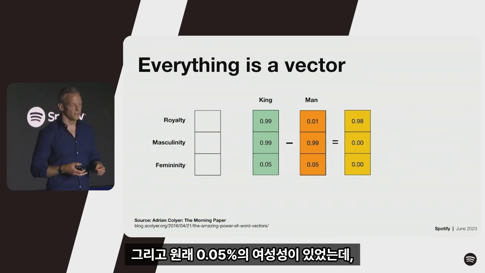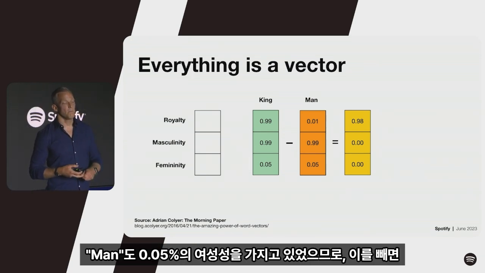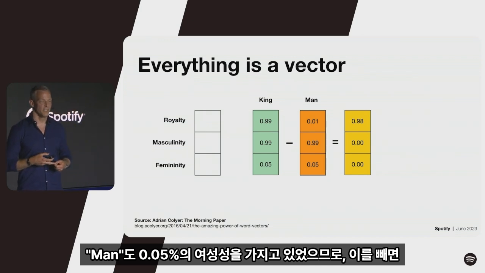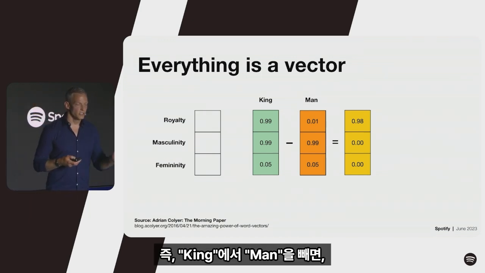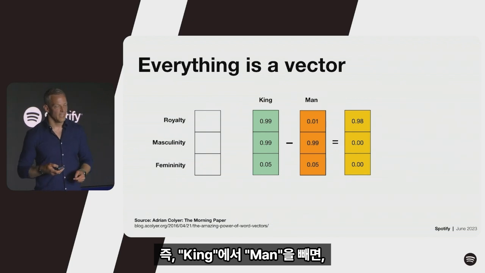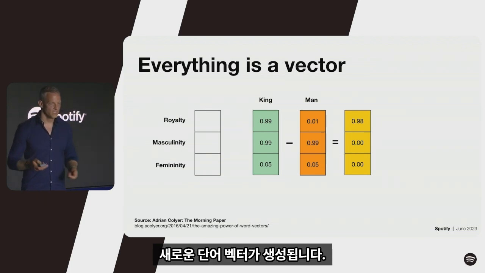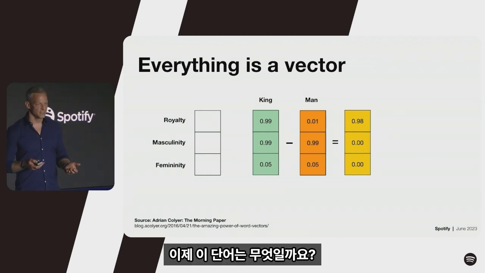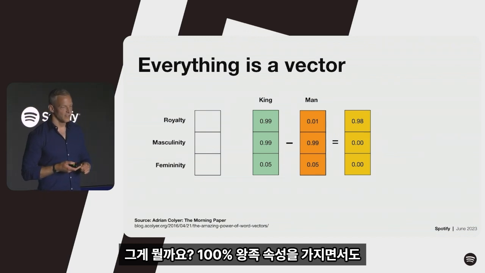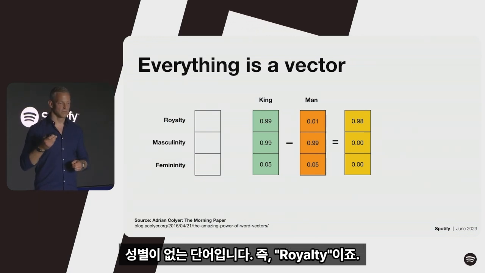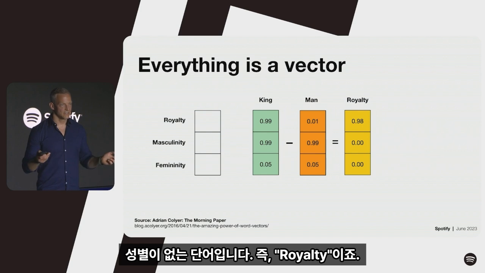And we had 0.05% femininity minus 0.05% femininity. So we have 0% femininity. So we took a king, we subtracted the man from the king, and we got a new word vector. What word do you think this is? What is it that is 100% royalty, but is genderless? It is royaltiness, pure royaltiness.